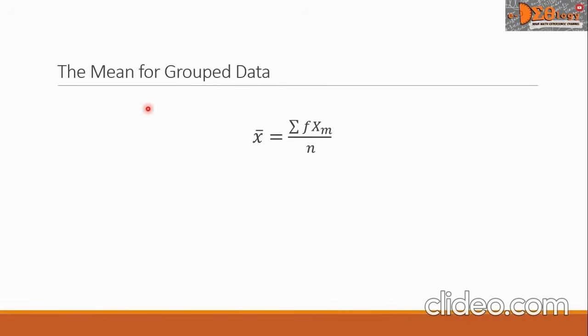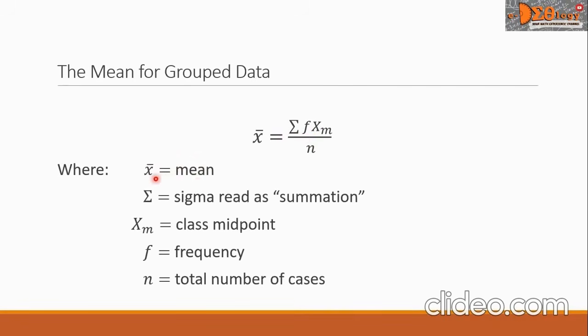The formula of the mean for group data is given here, and this is x bar equals sigma f x sub m all over n, where x bar is the mean.